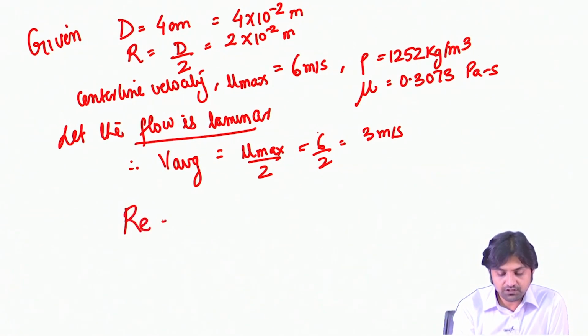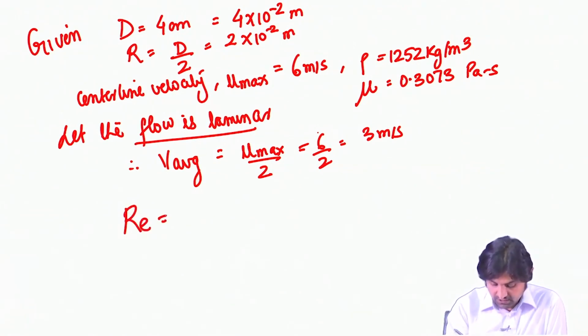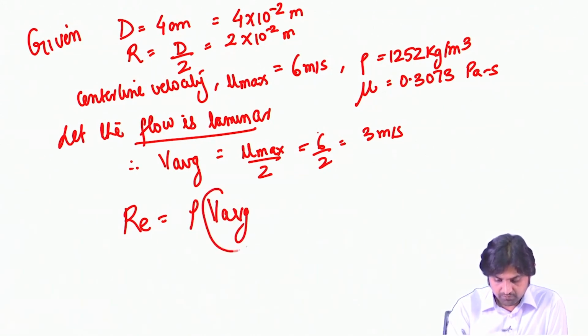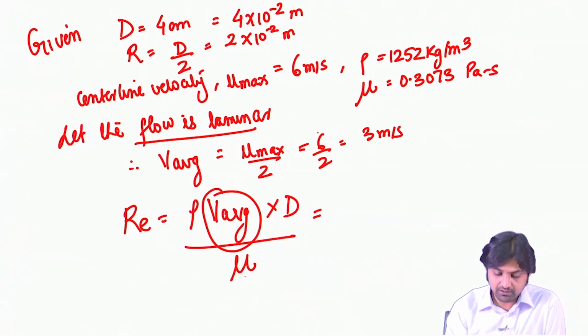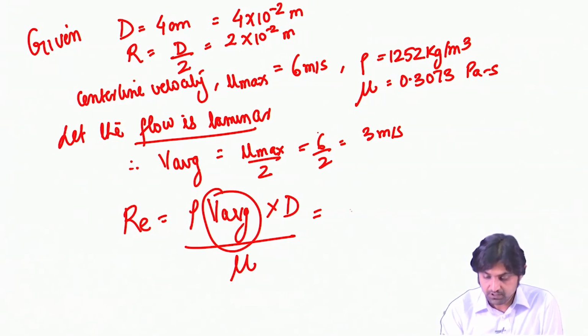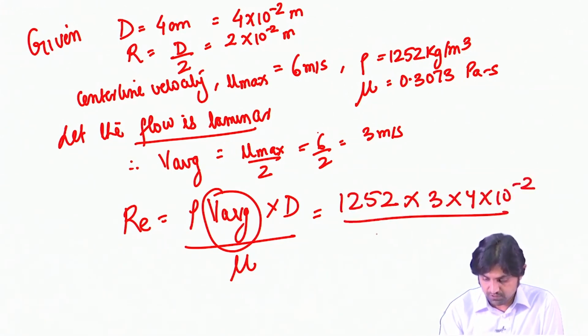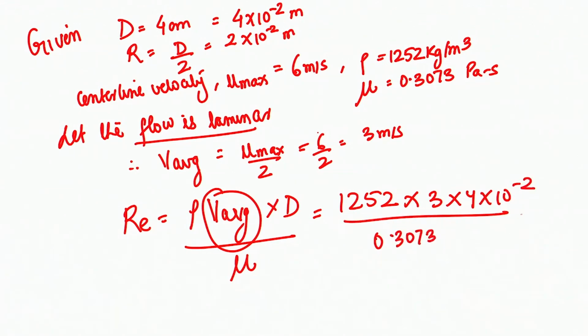Therefore, first we have to check the Reynolds number. We say Reynolds number is rho V average, multiplied by D by mu. Okay, because in the definition that we saw it was nu, and nu is mu by rho, so rho goes up. So it is 1252 into 3 into 4 into 10 to the power minus 2 divided by 0.3073, and that comes almost 489.